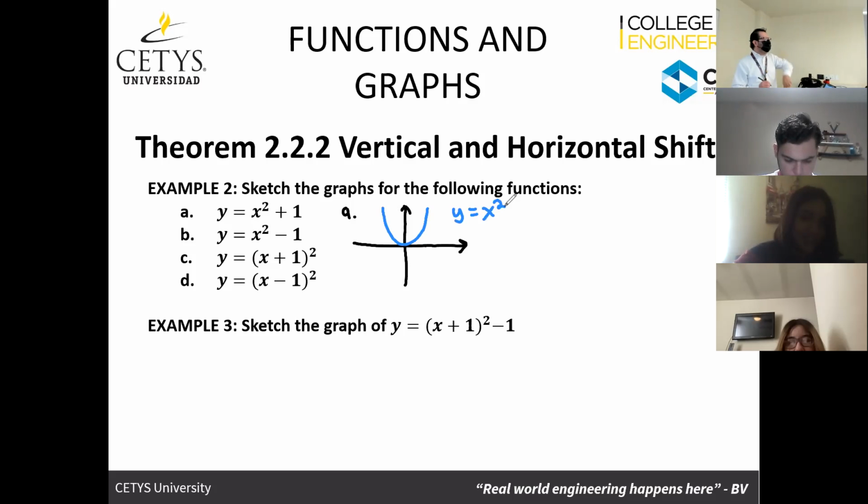Now I'm adding a 1 to the x squared. And so that means that I am going to generate a vertical shift. Since the 1 is added, the shift is going to be upwards 1 unit, and the parabola is going to look like this.